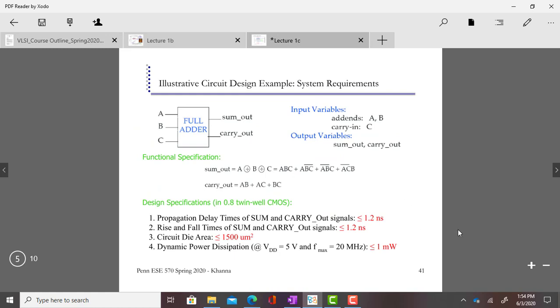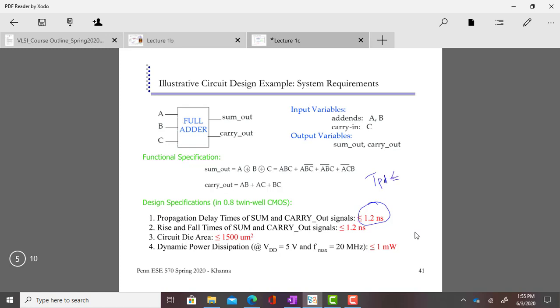So you may have certain design specifications. For example, the user may want your propagation delay to be less than 1.2 nanoseconds. Propagation delay, sometimes we denote it as TPD.